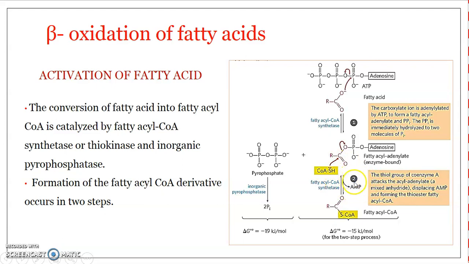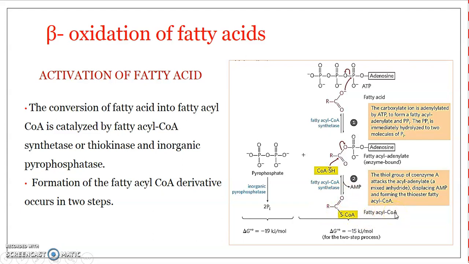So here you can see the second step involves the thiol group of coenzyme A, that is SCoA, attacking the fatty acyl adenylate, the whole molecule, displacing adenosine monophosphate and forming a thioester, fatty acyl coenzyme A.